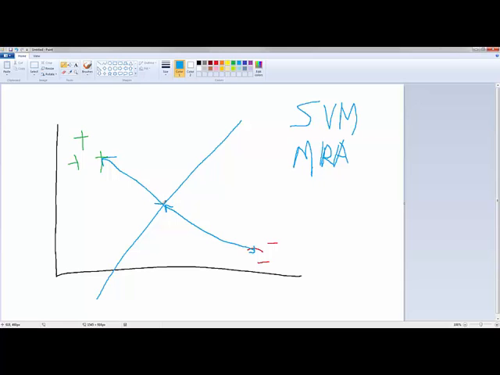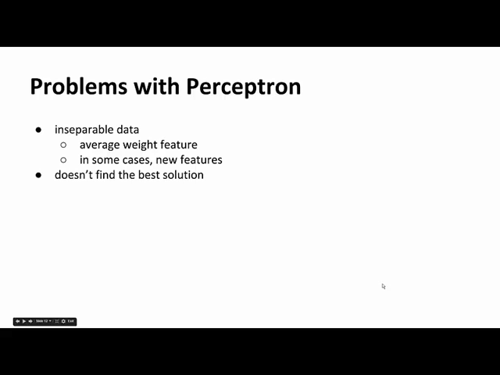And so they're going to try to find the line that gives us the best margin of error. So SVMs and Mira, we don't really expect you to know super technically, like we don't expect you to be able to apply the minimization algorithm. It's definitely useful to know that these are out there and to know what they do. Okay, so back to the slides. The solution to this problem is using SVM or Mira, which will both try to optimize some metric that is going to give us the best line.